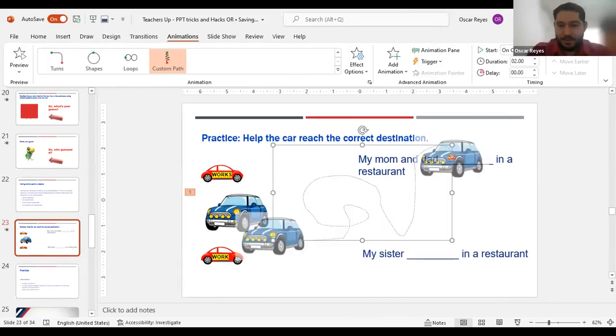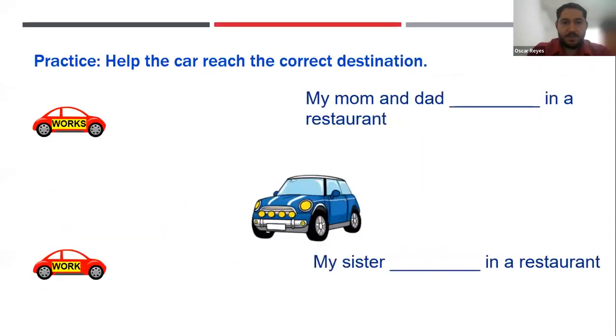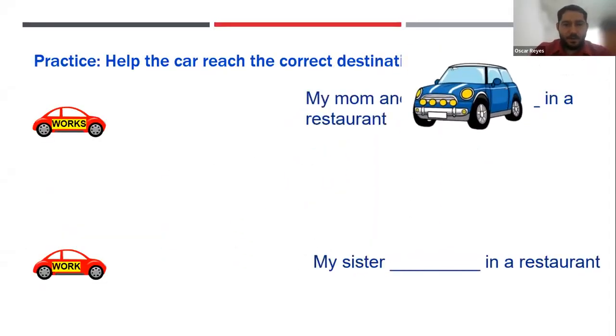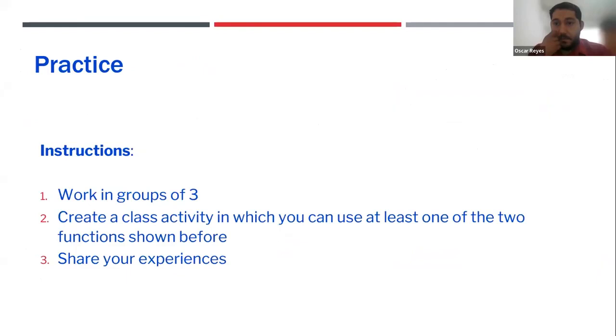Okay. So that was the second thing that I wanted to show. And again, we're gonna work in groups of 3. The mission is to create an activity in which you can use at least one of the 2 things. The first one that we used was 3D models. The second one was a path for the response.